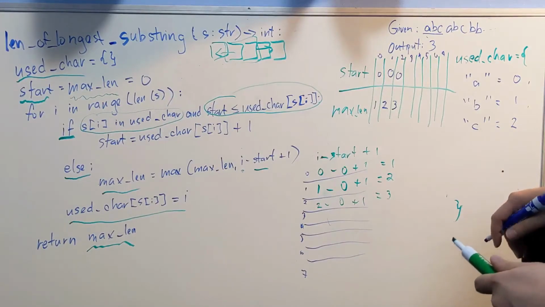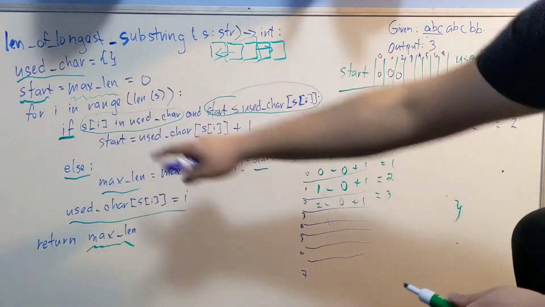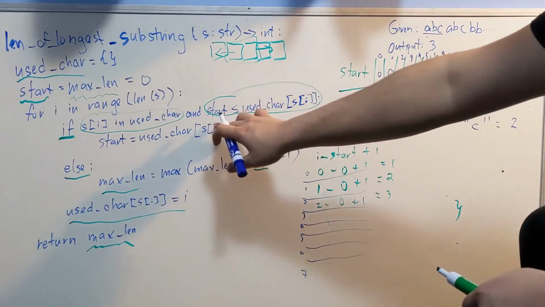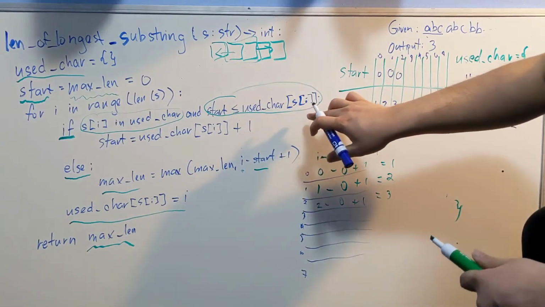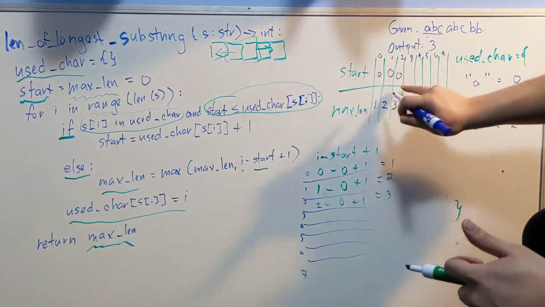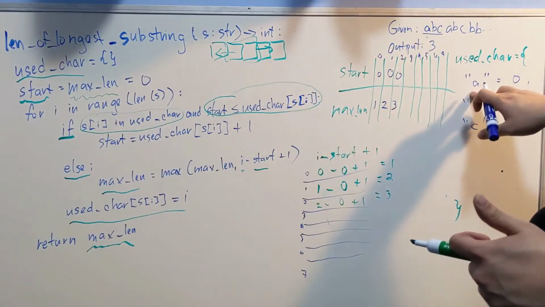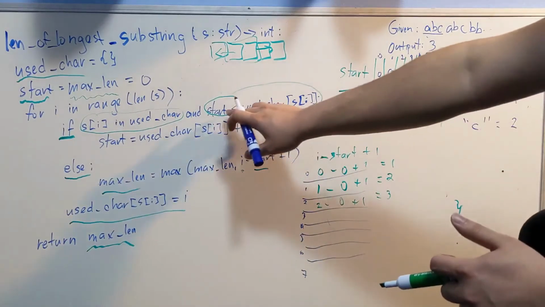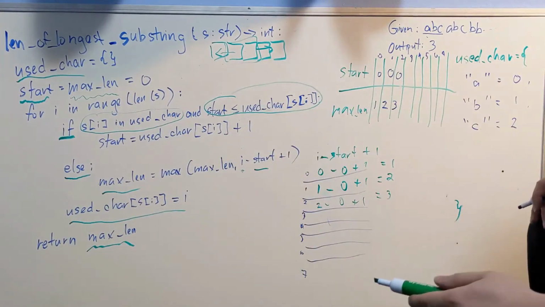Okay, now we see an a. Is a in useChar? Here, that's correct. And is start less than or equal to the value of this key? Meaning start is 0, and the value of this key is 0. Is 0 less than or equal to 0? That's correct. Now we go inside of this condition.